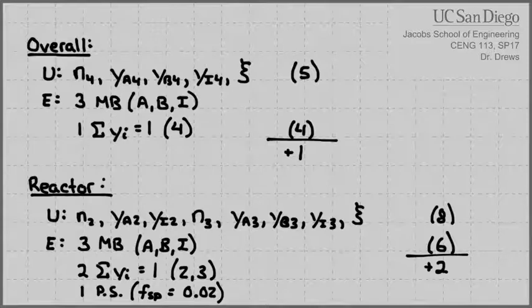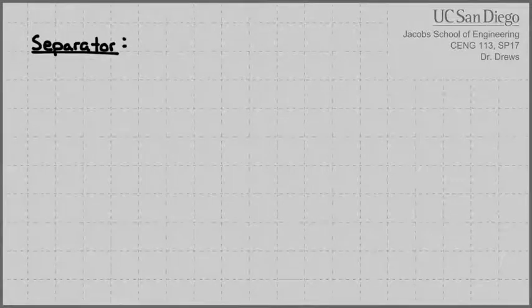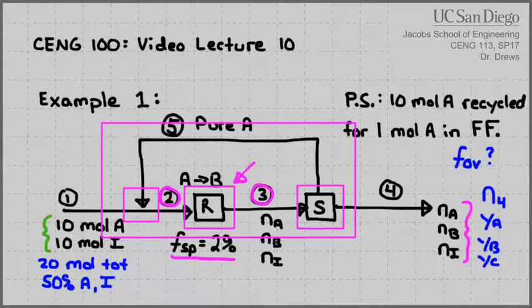on the reactor. Moving to our other two units that I drew a moment ago, there's our separator. Got to spell it right. And if we look at the unknowns on our separator, flashback here to our drawing, the stuff that we're going to deal with at the separator are streams 3 going in, stream 4 comes out, and stream 5 comes out.